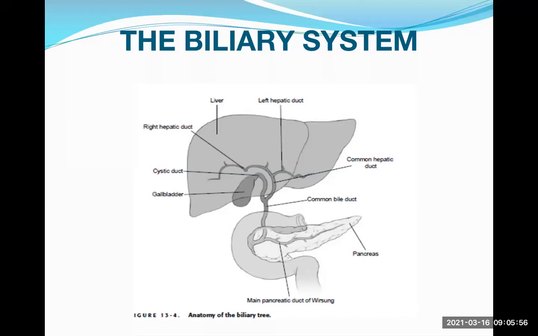Now, what is the important applied anatomy regarding this fact? The common bile duct descends at the back of the head of the pancreas. So any tumor at the head of the pancreas can directly compress the common bile duct. What will happen if the common bile duct is compressed? Yes, anyone?